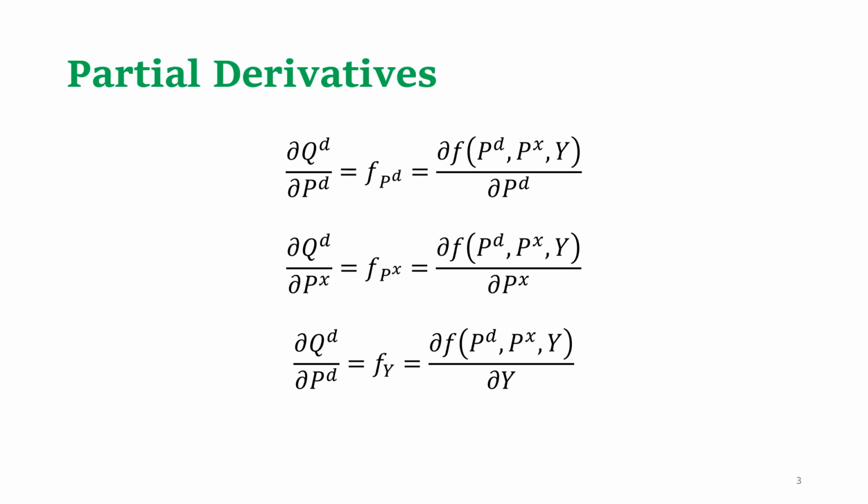So we use the curly D here, which means that we are differentiating the entire function with respect to only one independent variable, holding all the other variables constant. So that is the reason why we have this notation.